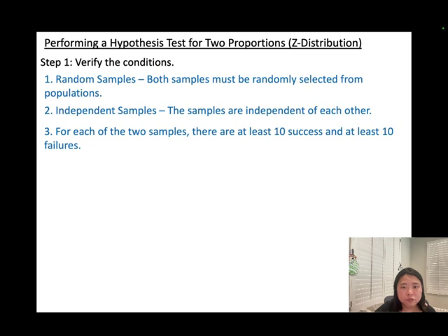Number 3, for each of the two samples, there are at least 10 successes and 10 failures. Since we have two populations, we have a p hat 1 and p hat 2 formula.